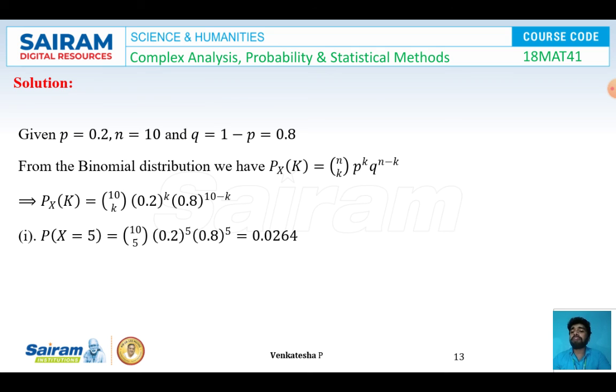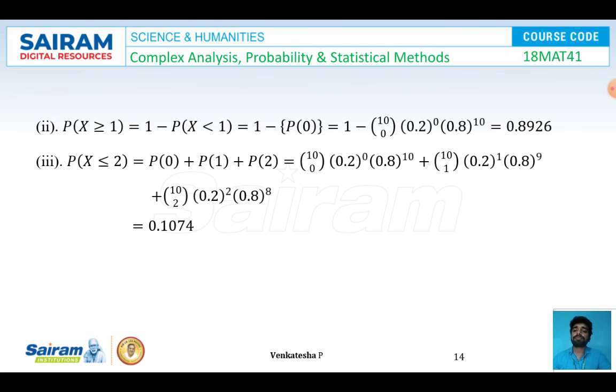Now I'm going to find the first condition, that is 5 lines are busy. 5 lines means exactly 5 lines, so we have to find P(X=5). I replace k equal to 5 in the above expression. So I got 10C5 (0.2)^5 (0.8)^5. I got 0.0264 after simplification.